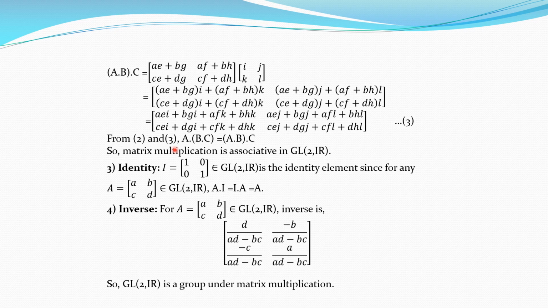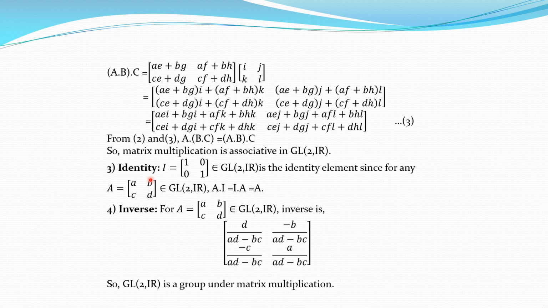Now the third property is the identity element. So here if we consider any matrix A in GL2R, then there exists an identity matrix of order 2 by 2 such that A into I is equal to I into A is equal to A. Hence, the identity matrix of order 2 by 2 is an identity element in GL2R with respect to matrix multiplication.